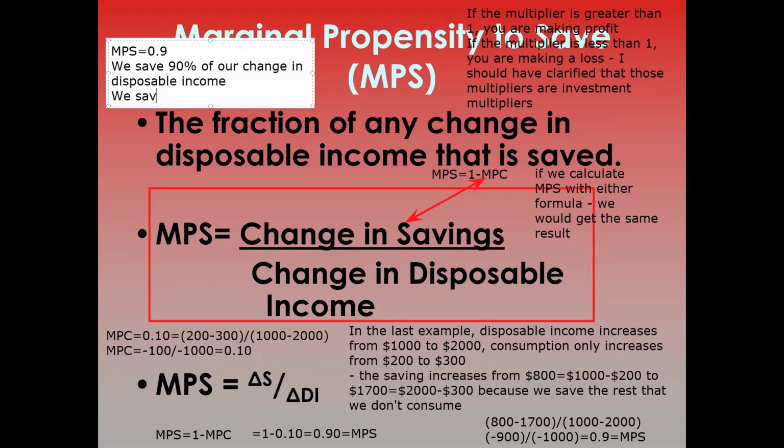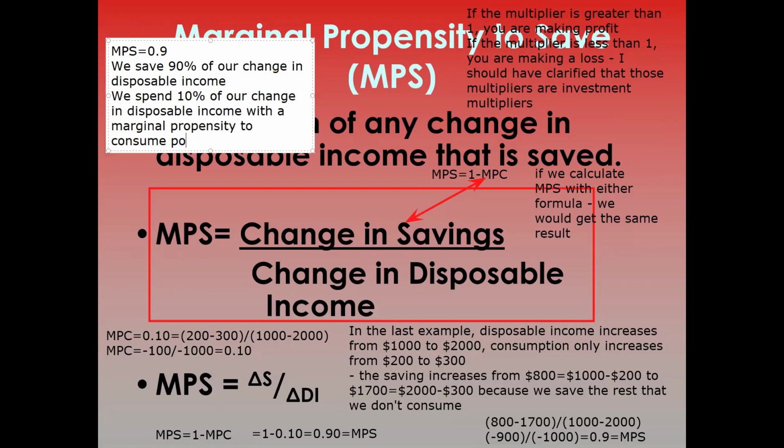And then we spend 10% of our change in disposable income, with a marginal propensity to consume of 0.1.